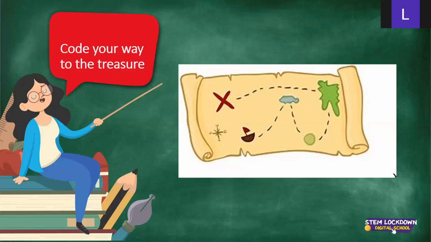Zoe says 12. Kagisana says 11. Okay, let's quickly count. 1, 2, 3, 4, 5, 6, 7, 8, 9, 10, 11, and I've got my treasure. So we say 11 steps.